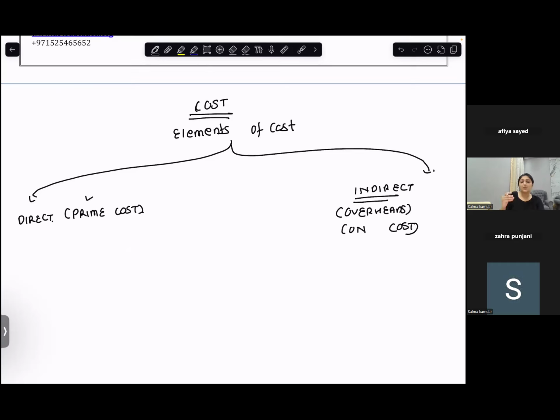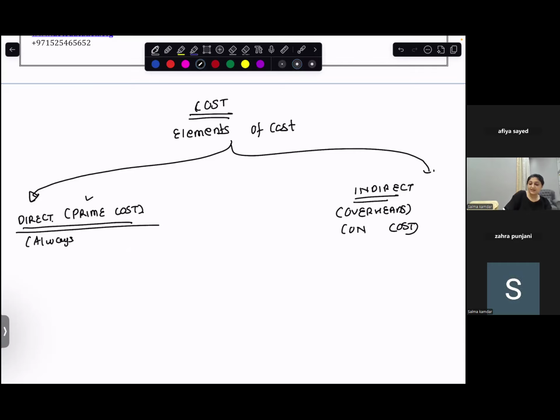So whenever there is the word cost on overheads, it is indirect. I hope you're with me. Okay. What is the nature of prime costs? The nature of prime costs is that it is always, or 99.99%, 100% variable.